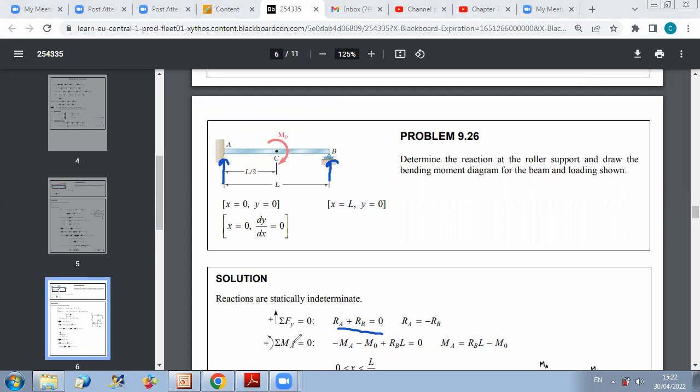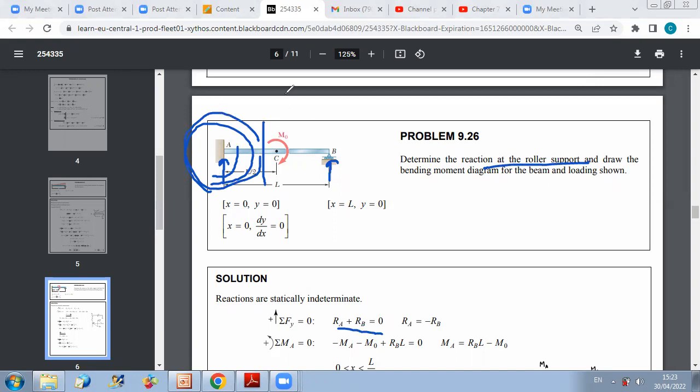And they also did sum of moments about A equal to 0 to get an expression of the resisting moment at A, function of RB and M0. You could have done this, but it's easier not to, since they only need you to find the reaction at the roller. It's fine if you don't get these unknowns, AX, AY, and MA. If you want to take this part when you get section 1, then you should express these reactions as a function of RB.